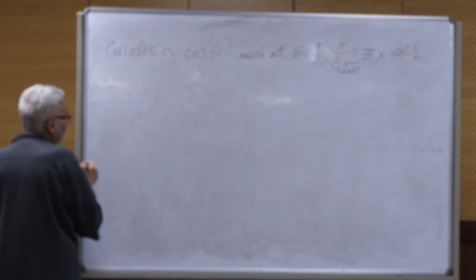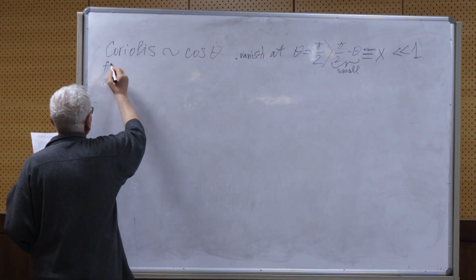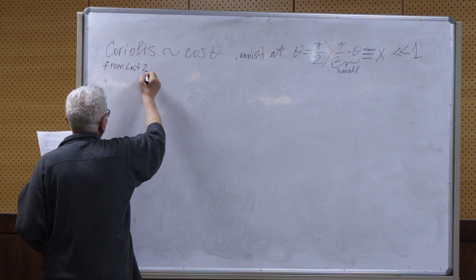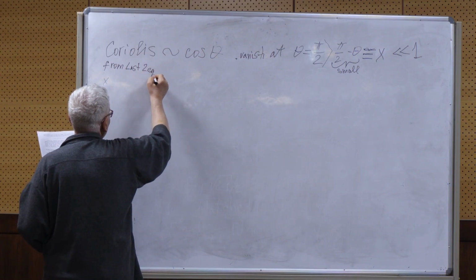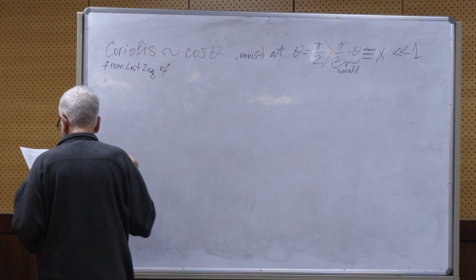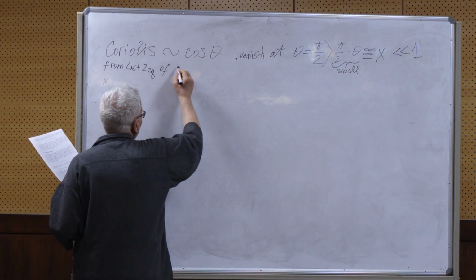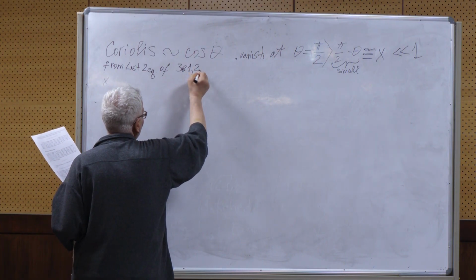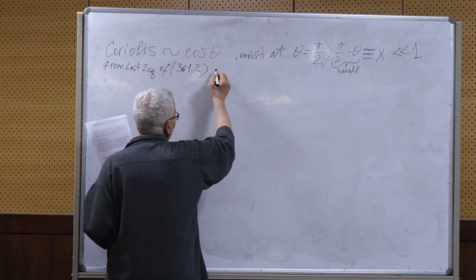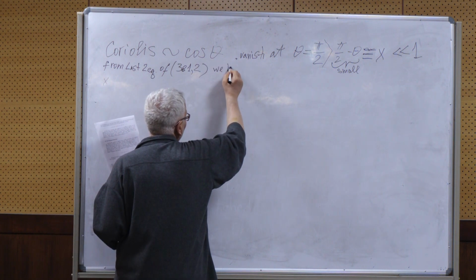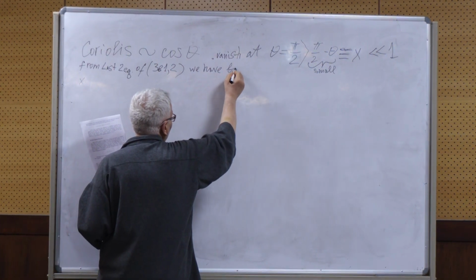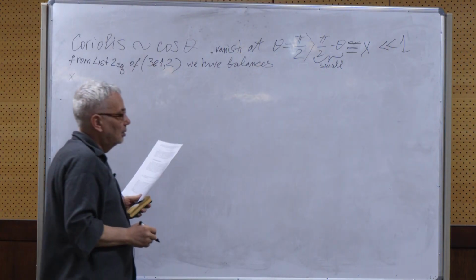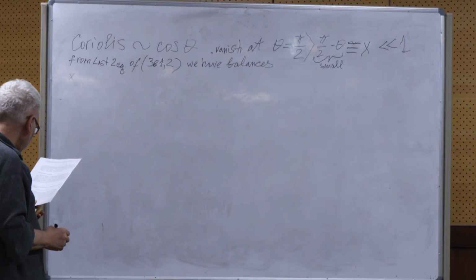x, let's write down from the last two equations of 3b.12. We have balances. The balances are like this.